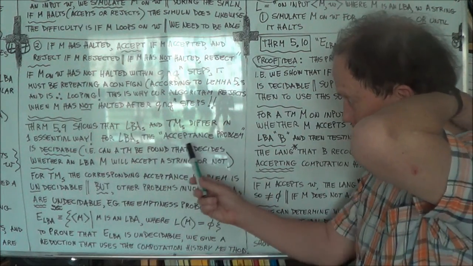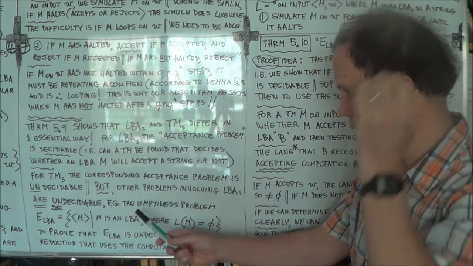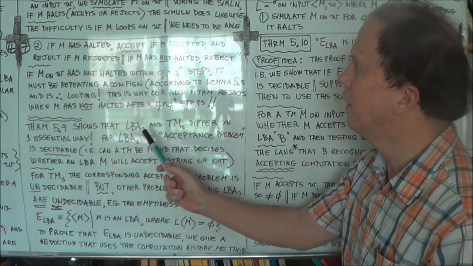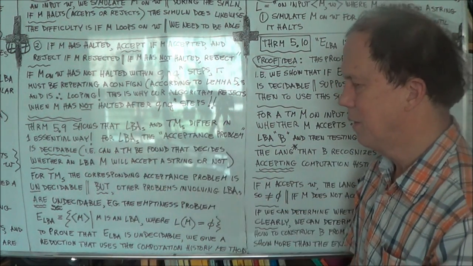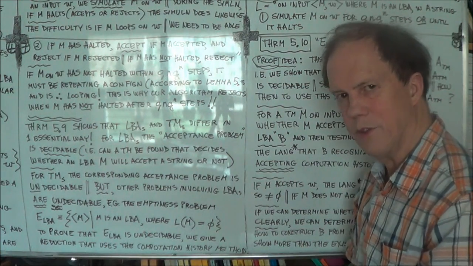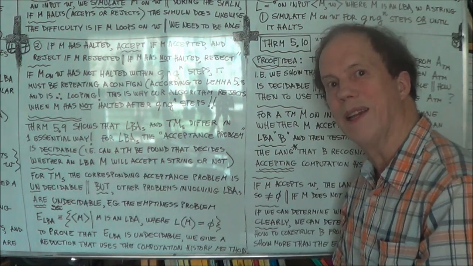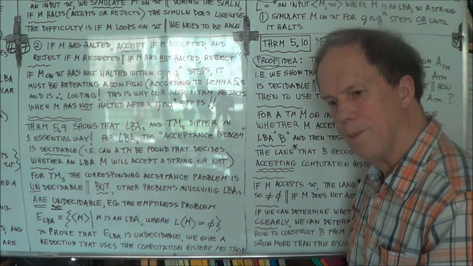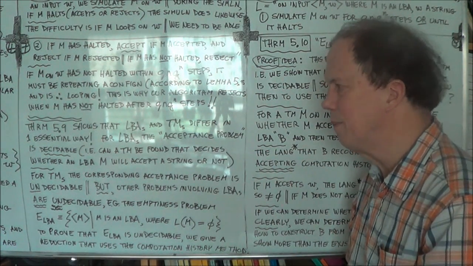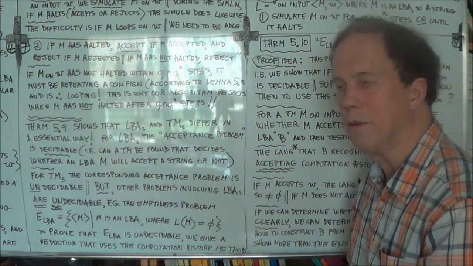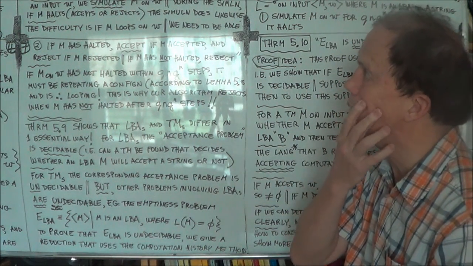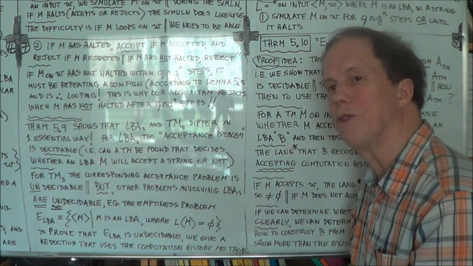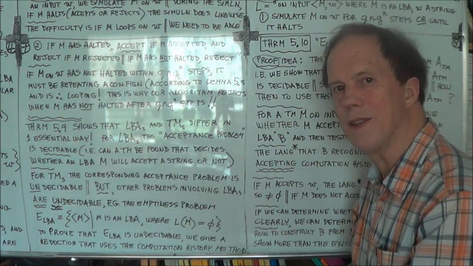The acceptance problem here, the only thing you change is that instead of TM you have LBA. So the equivalent acceptance problem, if you translate that into the language format that we've been using consistently, is the language A_LBA, and we just proved from theorem 5.9 that this language is decidable, different from A_TM, which is undecidable.